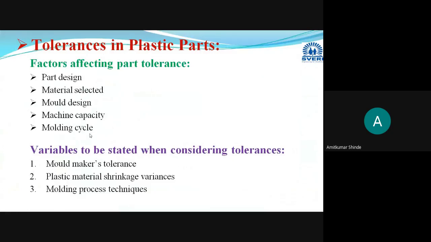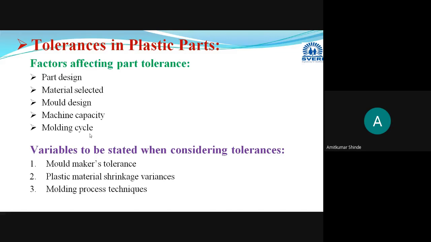Okay, so we have discussed this point now, factors affecting the part tolerance. In short I will explain it. The part design, whichever shape and size of the product is required, will affect the value of the tolerance. Then whichever material you are using, its chemical properties and its composition, will affect the value of the tolerance.